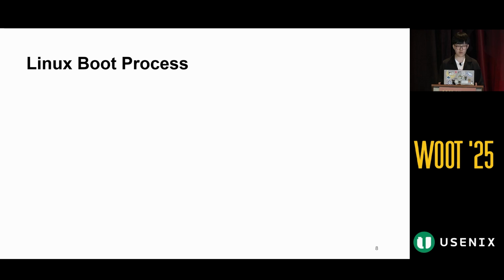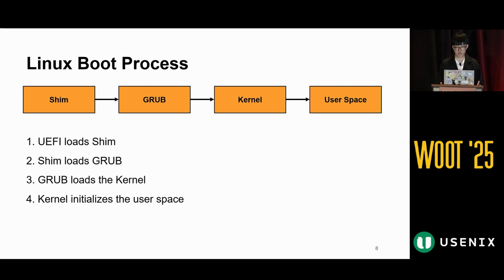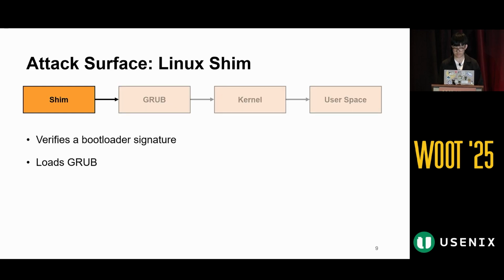Linux boots in 4 main stages. First, UEFI loads the signed shim. Next, shim verifies Grub's signature and loads it. Then, Grub loads the kernel and the initial RAM disk into memory. Finally, the kernel starts system processes and completes the boot.